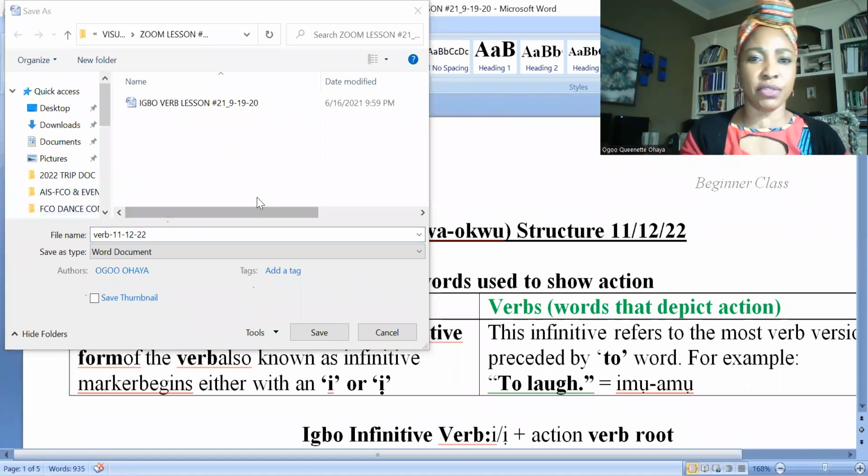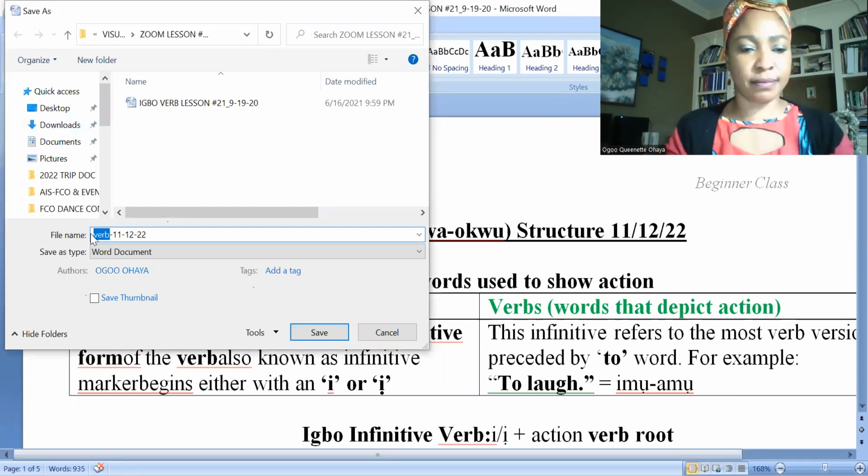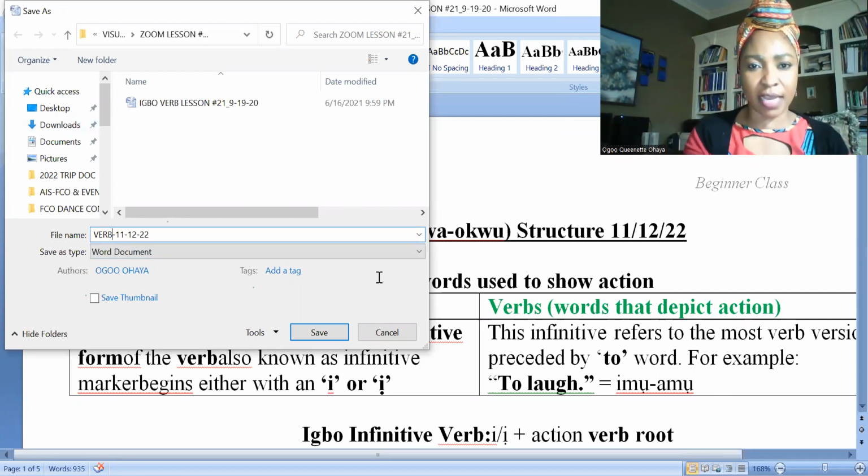Unmute yourself and ask your question. Zara is not there. Let me see the next person. You can unmute yourself because I allowed you to. Okay, go ahead, Zara.